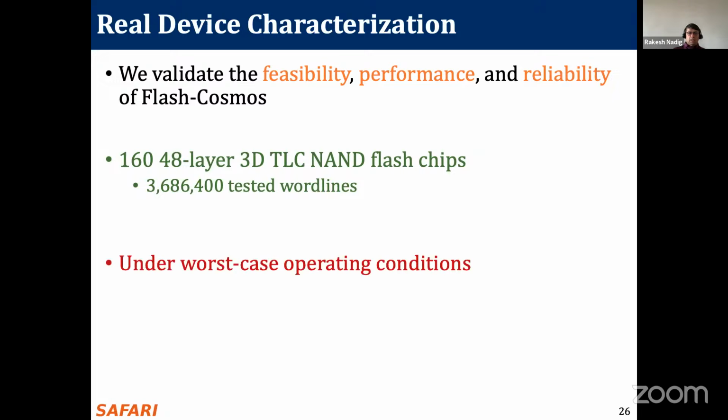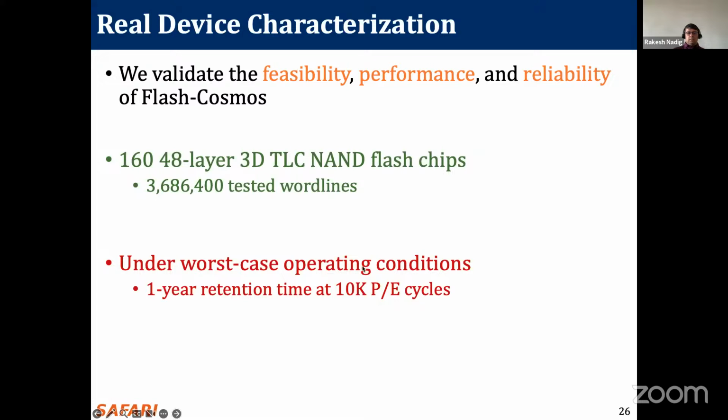Flash Cosmos is tested under worst-case operating conditions, which means that we check the feasibility at 1-year retention at 10K P/E cycles. That means we write the data and then keep the flash chips without reading them for 1 year, which is the key principle behind retention time.